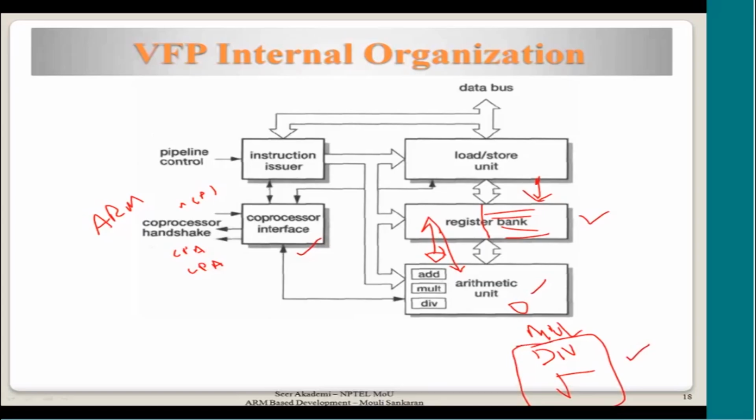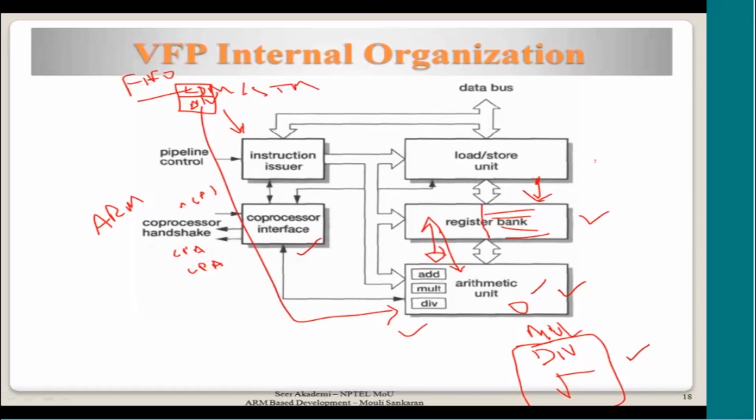While this is being executed, if there is a pipeline of instructions, I told you in the last class that a FIFO of instructions can be in the coprocessor. So if there is a FIFO of instructions, one division instruction has come and is being handled by this arithmetic unit, and then a load, LDM or STM, can happen in parallel because this unit can do that job.